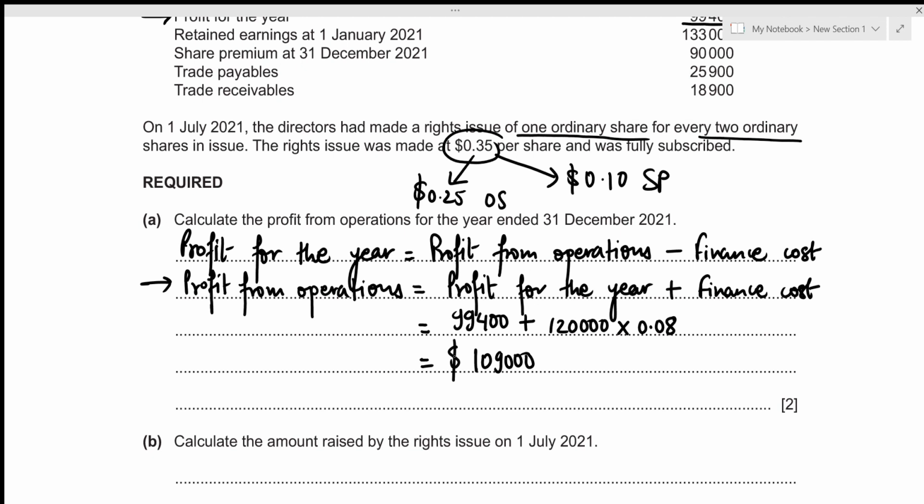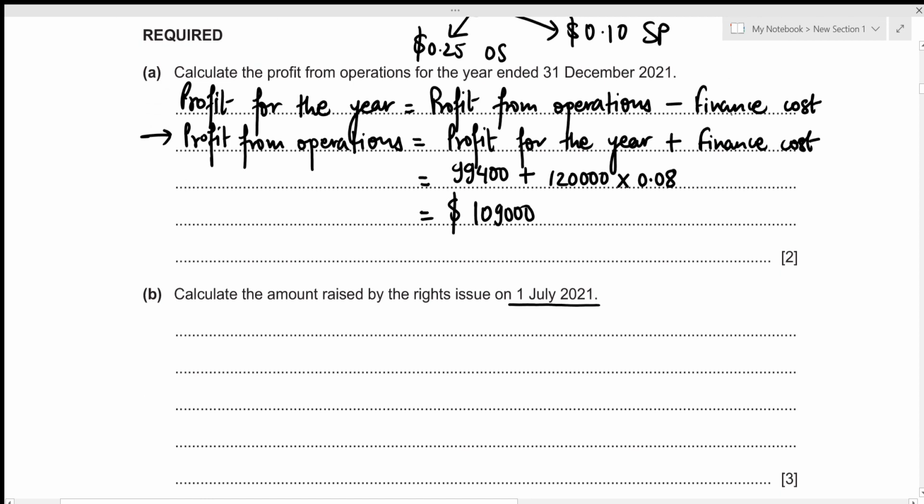For the second part, we need to calculate the amount raised by the rights issue on 1st July 2021. Alright, so let's have a look at the information regarding the rights issue. We know that the directors made a rights issue of 1 ordinary share for every 2 shares in issue. This just means that for every 2 ordinary shares on the date of 1st July, we gave out 1 right share, right?